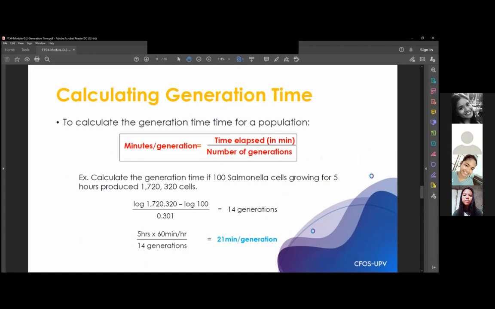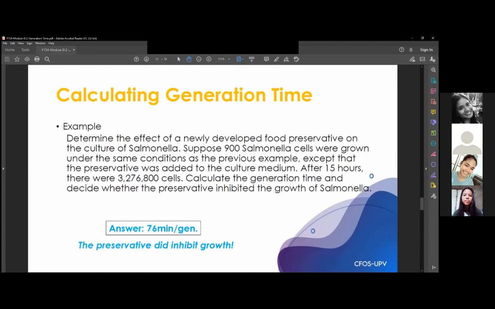Yeah, it takes only 21 minutes para mag-double ang number. Sa second, dito, sa slide 13, naging 76 minutes per generation. Meaning, it takes longer time for it to double its number. So, ibig sabihin nun, the preservative was able to inhibit the growth kasi medyo may delaying factor doon sa growth ng microorganism. Do you understand? Nakuha nyo yung point?